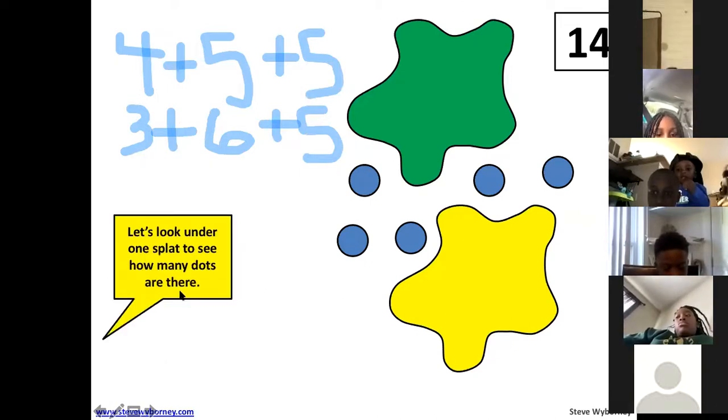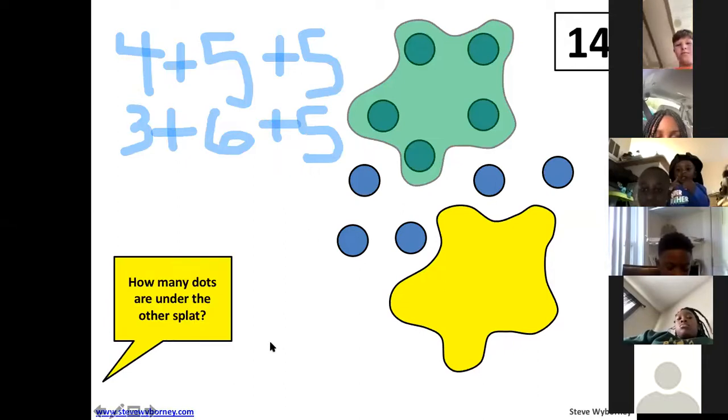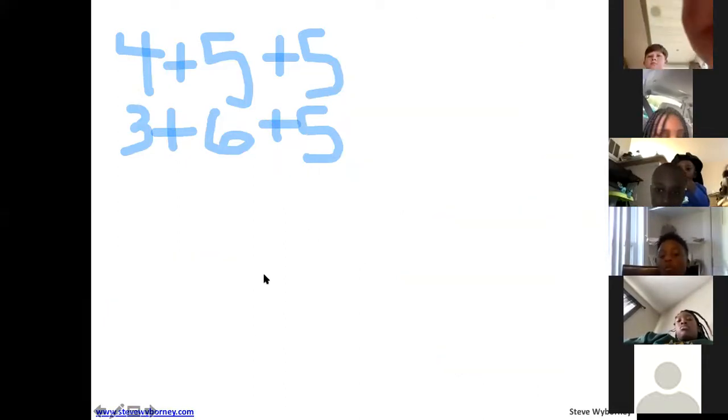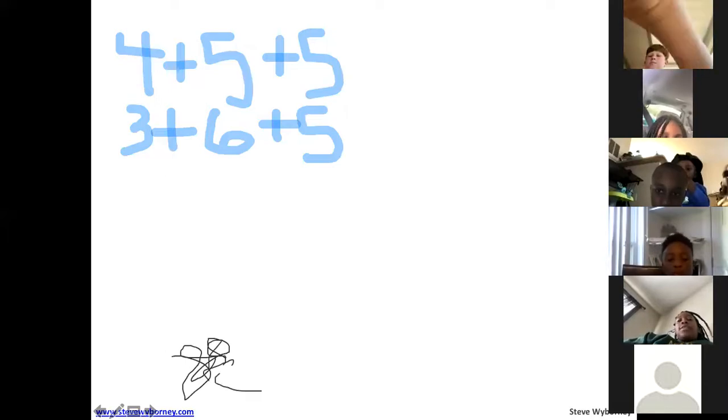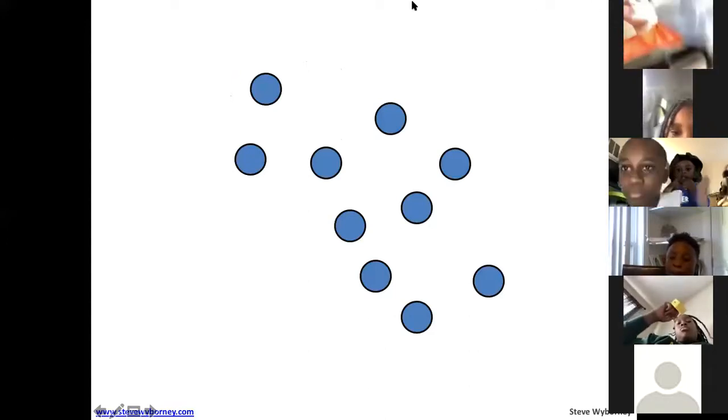Let's see who's right or what's possible. So there's 5 under the green, 4 under the yellow, and that gets us to 14.